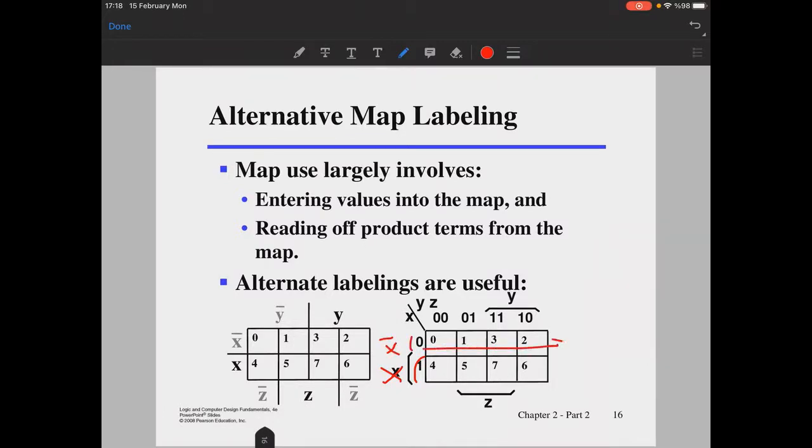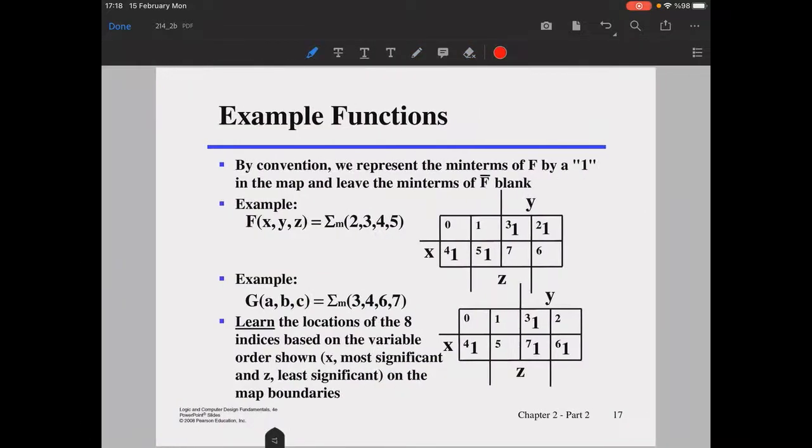Look at the row like this. This is your y part, where y is always 1 here, and this is your z part. When you look from this direction, your z is always 1 here. This is easy when we're doing simplification with K-maps.